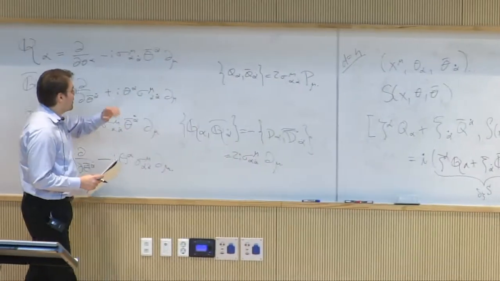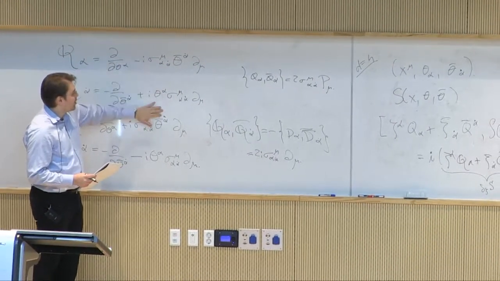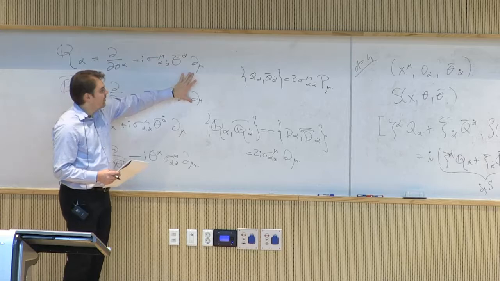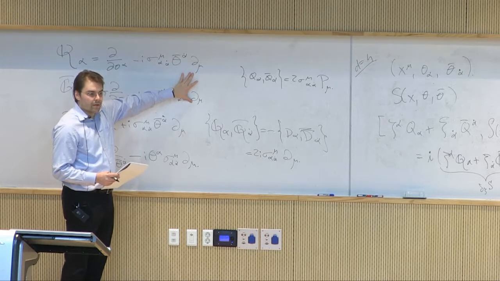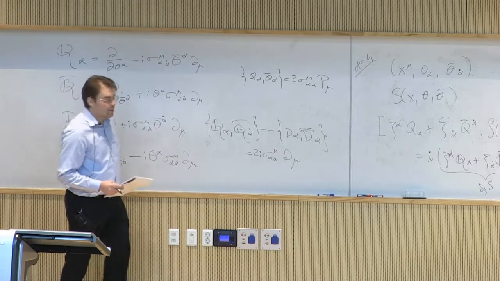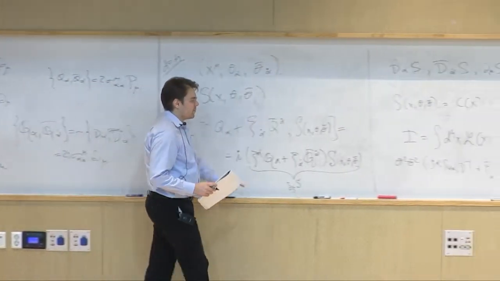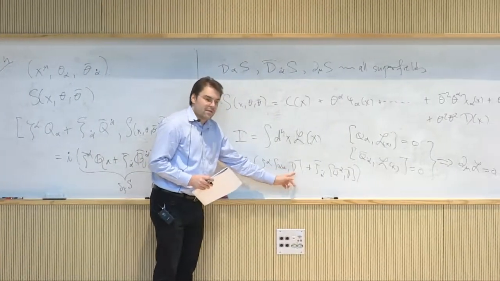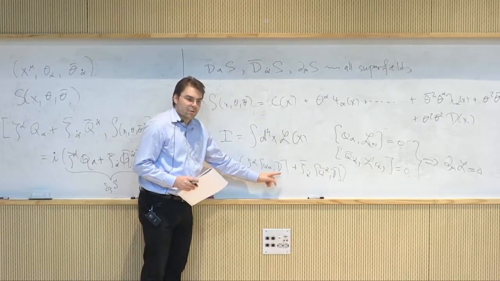And so the only thing you're left with is these parts of the Q and Q bar operators, but those have total derivatives in them. So that means that the only way you can get a supersymmetry variation for D is if it transforms into a total derivative.